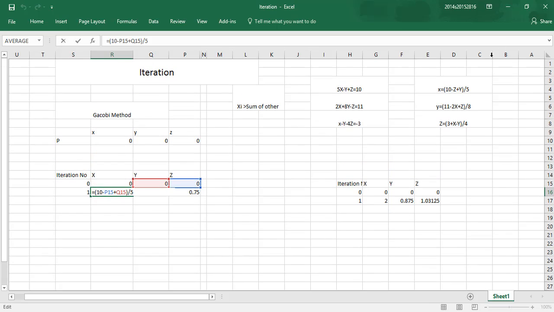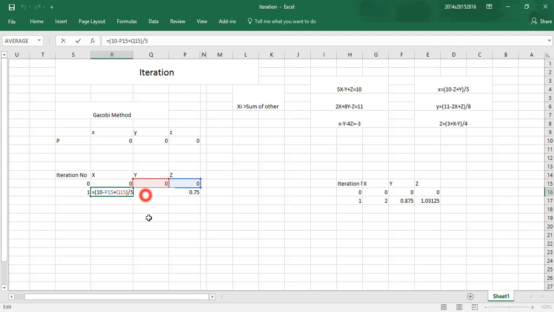As you see in our function, x is 10 minus z plus y, all divided by 5, and here 10 minus the value of z plus the value of y, all divided by 5, the same function.